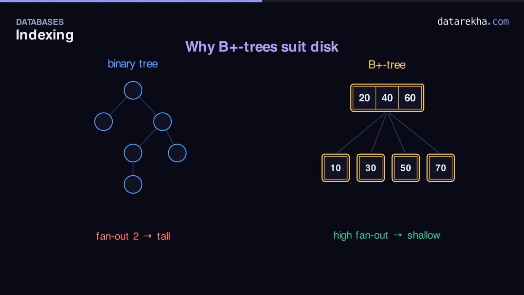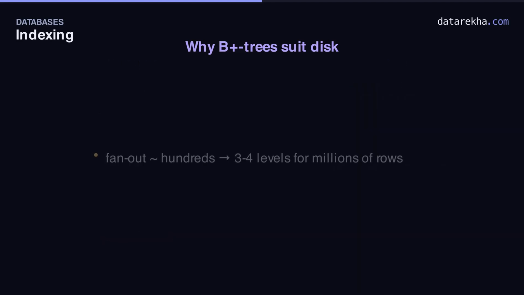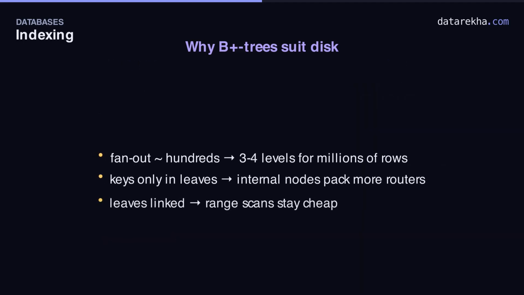A B plus tree packs dozens, even hundreds, of guide keys into one node. High fan-out means it spreads wide and stays shallow. With a fan-out of a few hundred, a B plus tree over millions of rows is only 3 or 4 levels deep, 3 or 4 disk reads for any row. Keeping keys only in the leaves packs more routers per node, and the linked leaves keep range scans cheap.